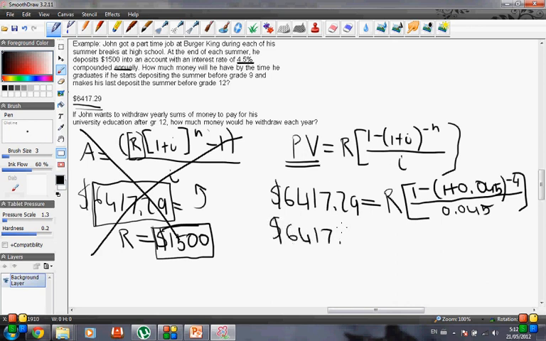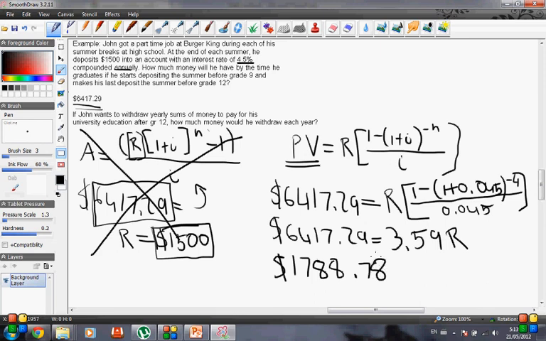So we have $6,417.29, which equals an approximate value of 3.59 R. So if we divide both sides by 3.59, we get a value of $1,700.88. So that is the amount he would be able to withdraw each year using the money he made during high school to pay for his university.